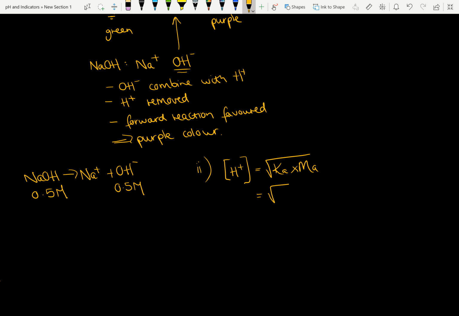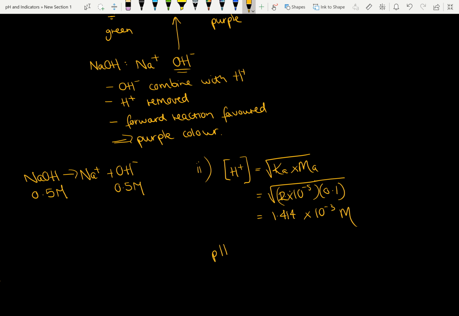So we are told that the Ka is 2 by 10 to the minus 5. We know that the molarity is 0.1 because we were given that in the question. So that's going to give us an answer of 1.414 by 10 to the minus 3 moles per litre of our hydrogen ions.